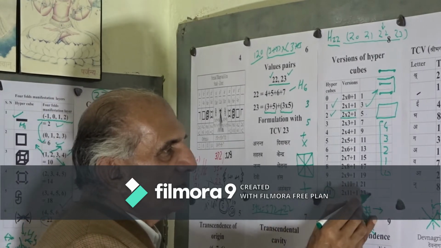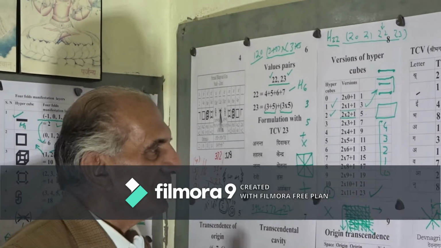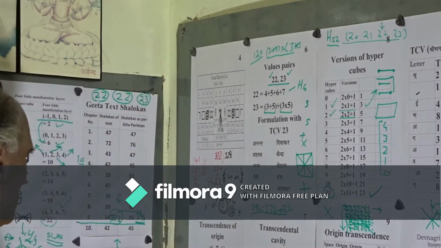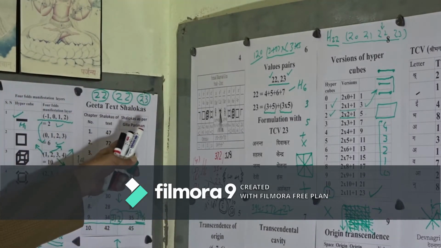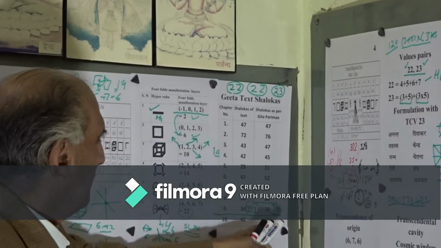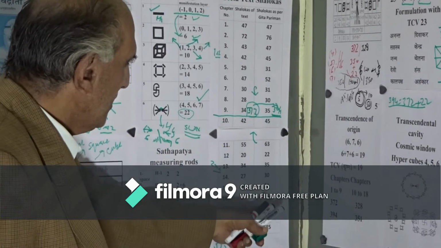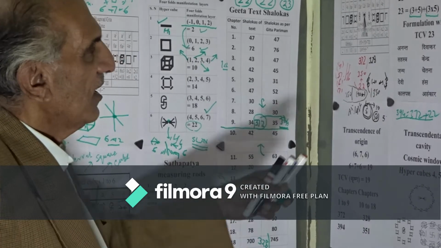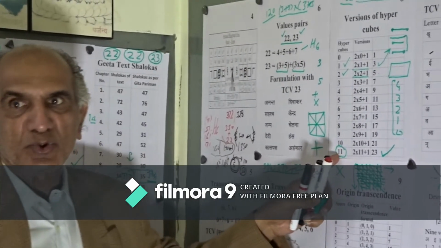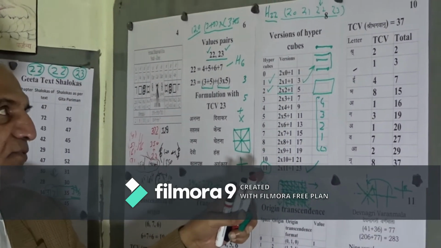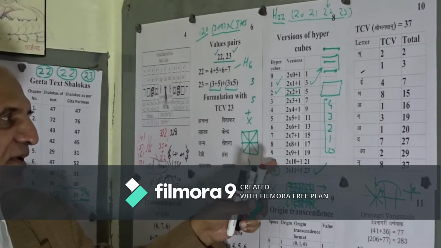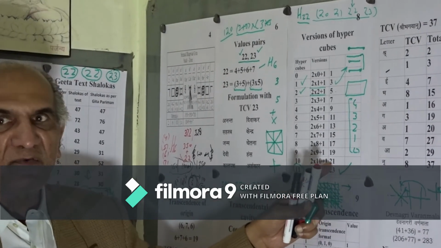which is giving us 23 versions. Therefore, this organization format of the Gita Pranam Shloka, providing us value 23 for the second half, is in fact taking us to hypercube 11, which is giving us 23 versions.